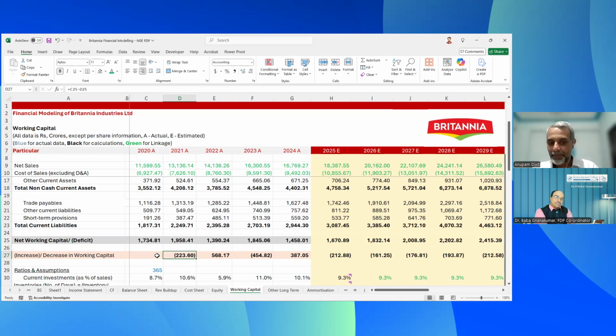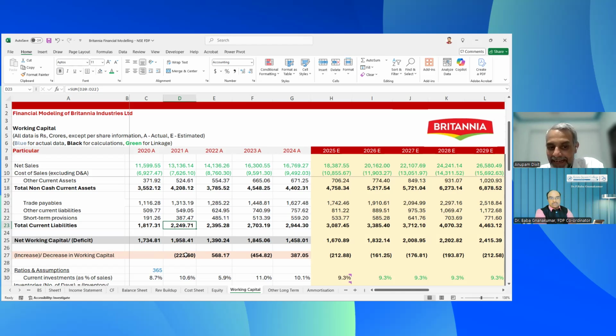Now, the presumption here is if our assets increase, they are going to be negative for cash flow. If our assets increase, they are going to reduce our cash flow. If our liabilities increase, they are going to add to our cash flow, right?